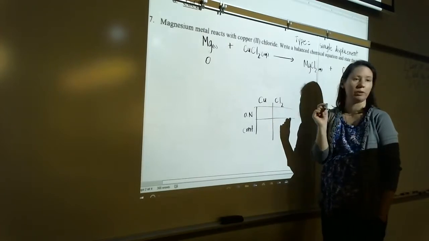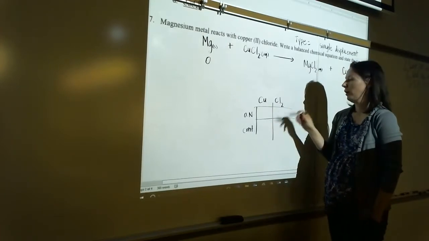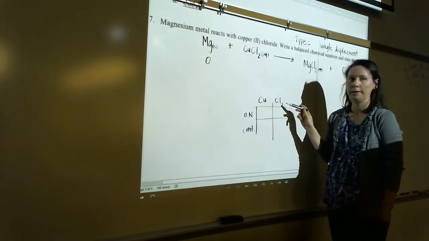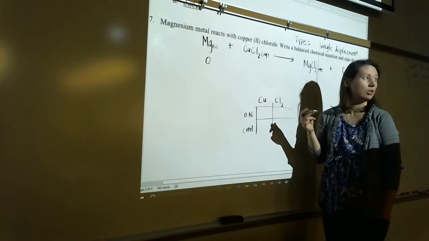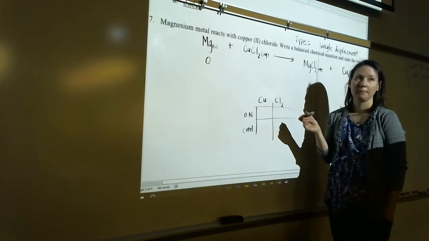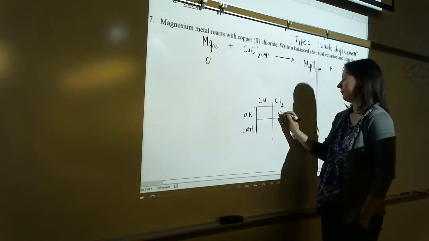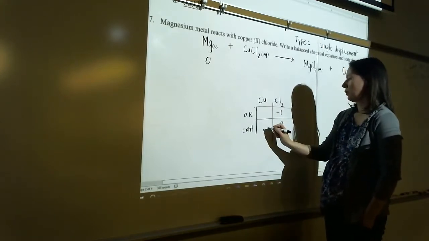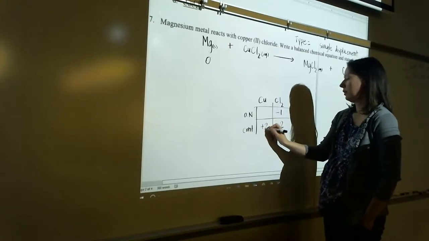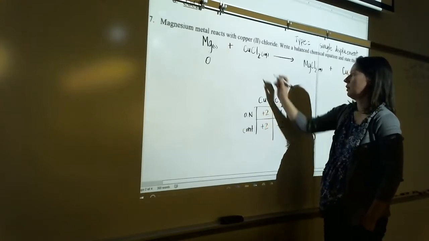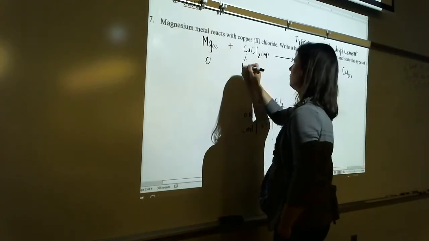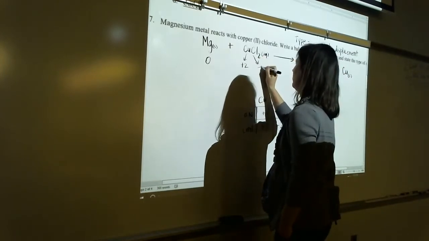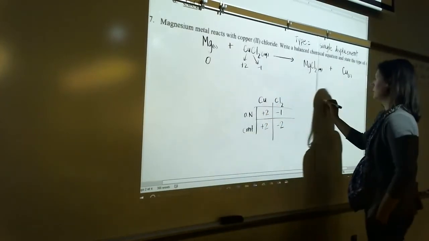Copper's in the transition metals. Are there any rules? No. But we have a rule for chloride. Group 7 is usually -1. There are 2 of them, so it contributes -2. So what must copper be? +2. So +2, -1. Let's do magnesium chloride.